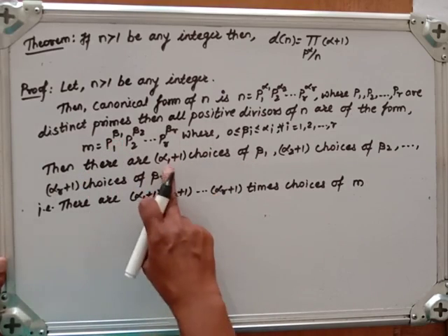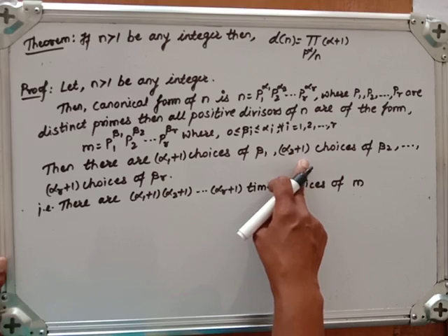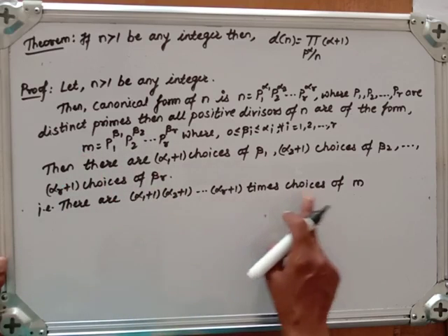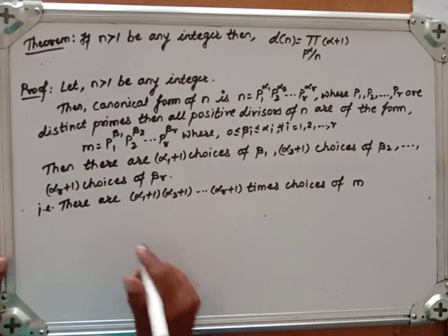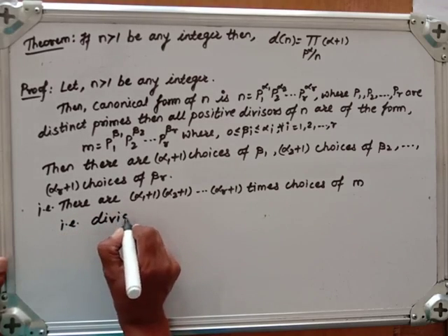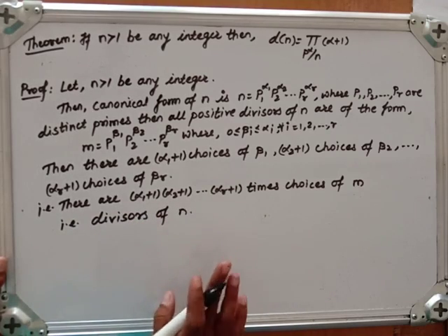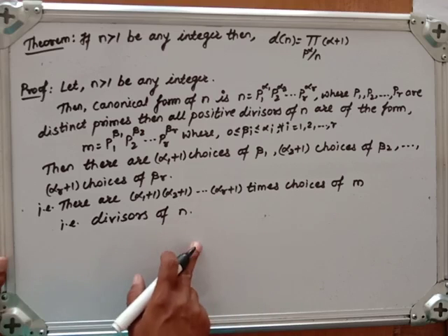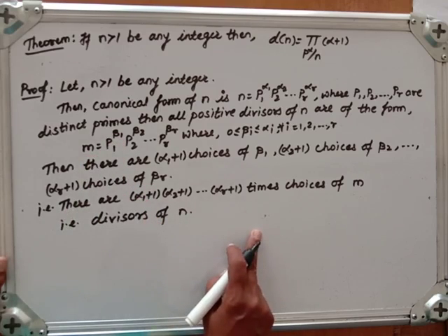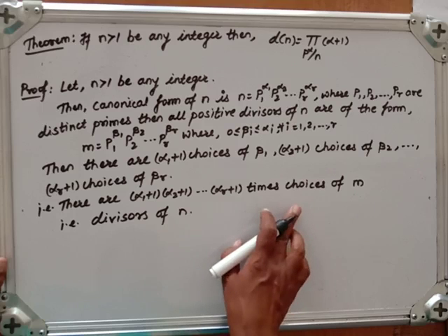For beta 1 we have these many choices. Alpha 2 plus 1 choices of beta 2, and so on. So for m, the product of these times choices of m, that is divisors of n. The choices are nothing but the divisors of n. While solving the previous example of 180, while taking beta 1 we got 6 divisors there.